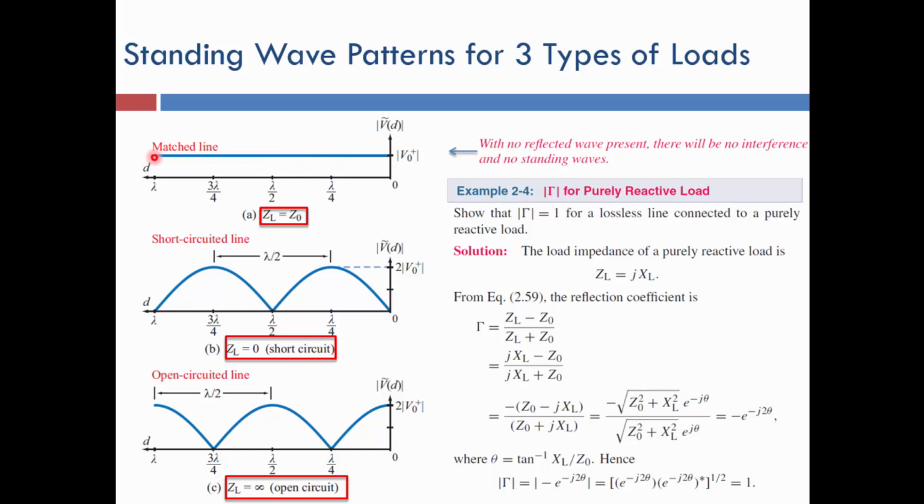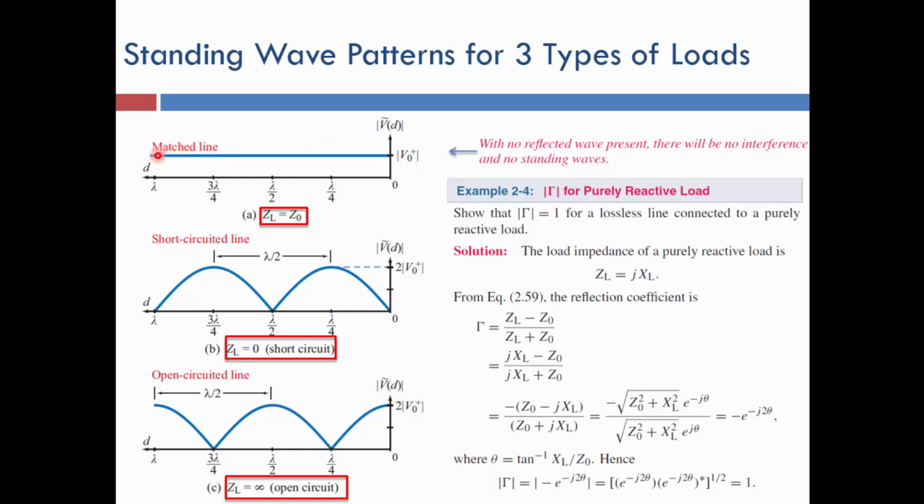So the magnitude is a straightforward line, there is no reflection, and there are no maximum and minimum positions. At all positions, the voltage has the same magnitude.